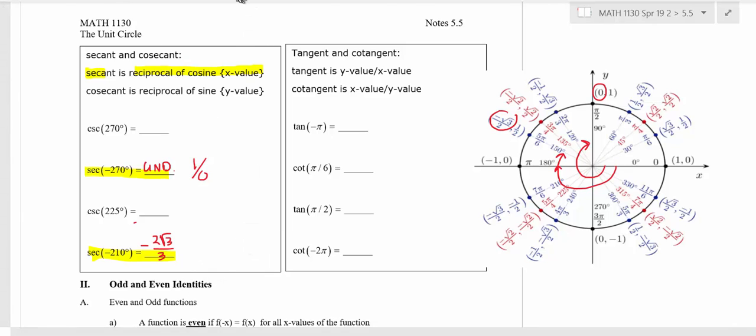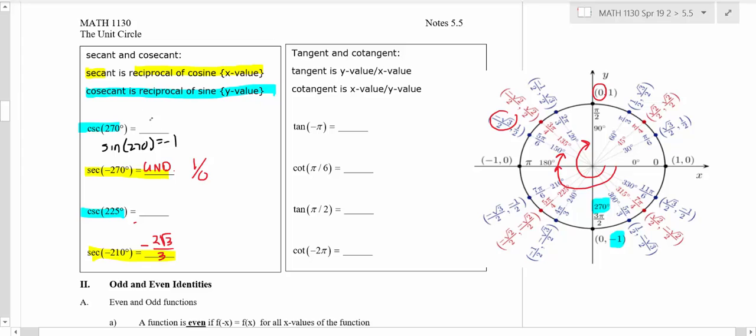Okay, all right, now if I do a cosecant, it is the reciprocal of the sine, therefore you just do the reciprocal of the y value. So if I was going to look at 270, let's see, 270 is here, the y value is negative 1, so if the sine of 270 is negative 1, then so is the cosecant because it's the reciprocal anyway. Just turn it upside down, okay?